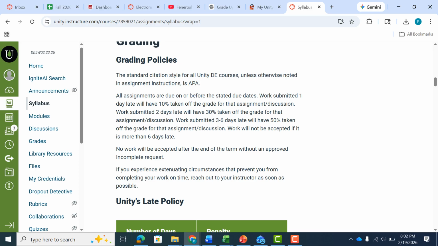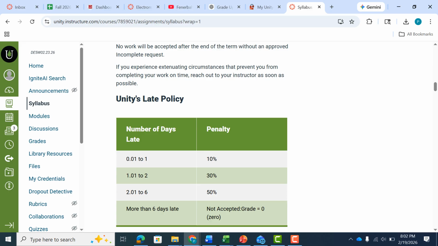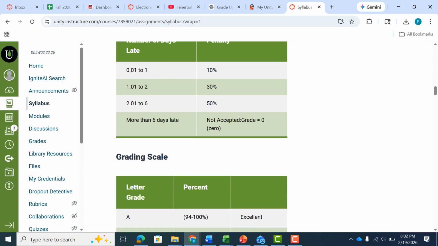If you are one day late, 10%. Between 2 and 2 days is 30%. Work submitted between 3 and 6 days will have 5% deduction. After 6 days, no work can be submitted. Unity late policy, that's what we talk about. That's what we have here.